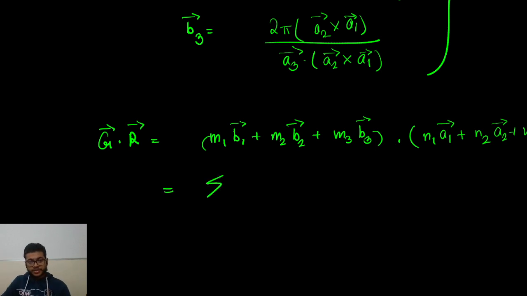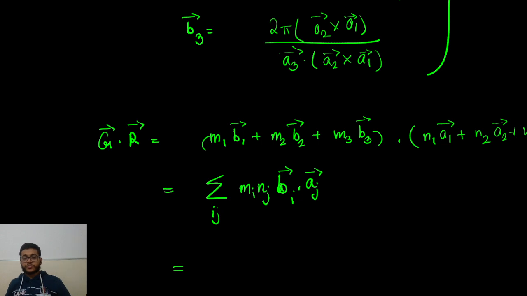You will get the summation over i, j of Mi Nj bi dot aj, in a compact form. So it becomes M1 N1 b1 dot a1 plus M1 N2 b1 dot a2 and so on. There will be how many terms? 3 cross 3, 9 terms.